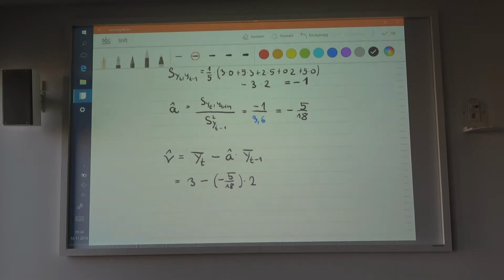So what I get here is 3 plus 10 over 18, and the result will be equal to 32 over 9. So that's basically what I would get here.